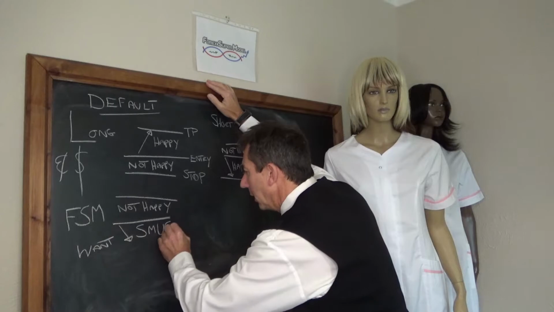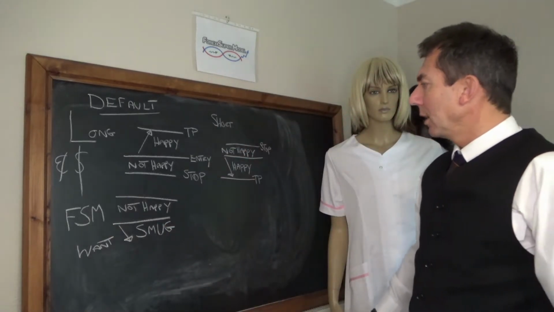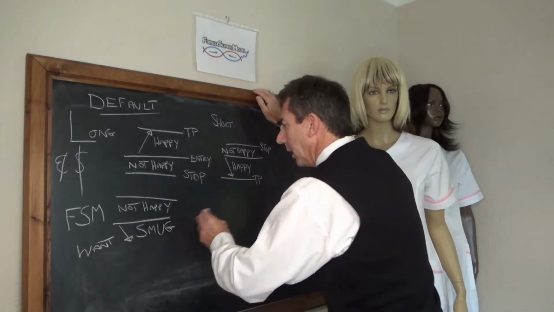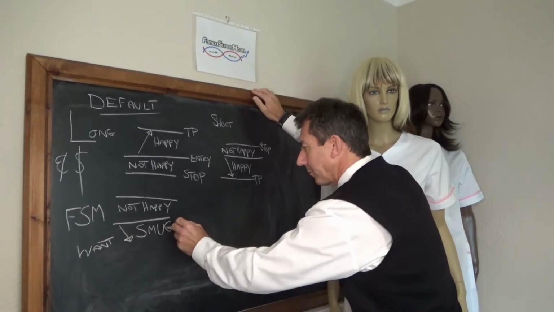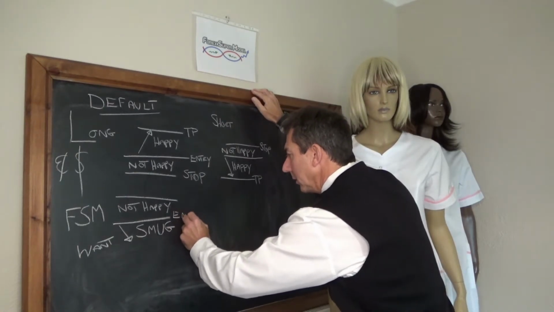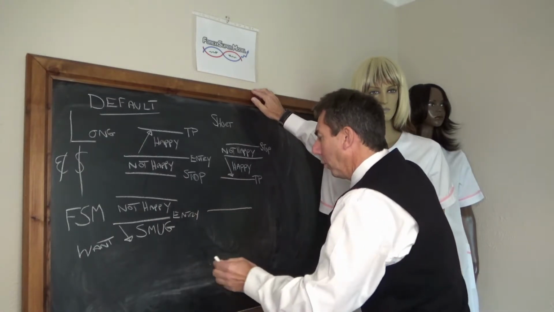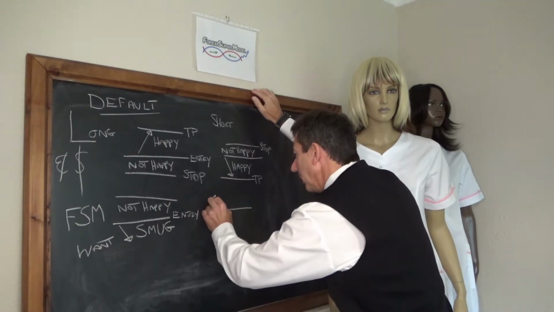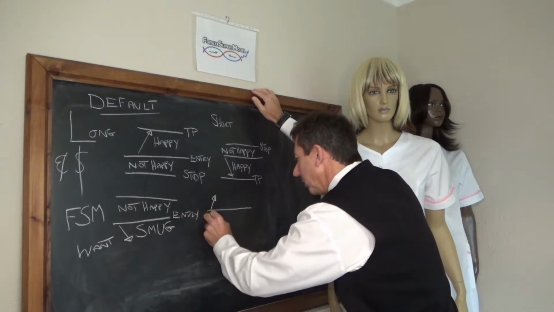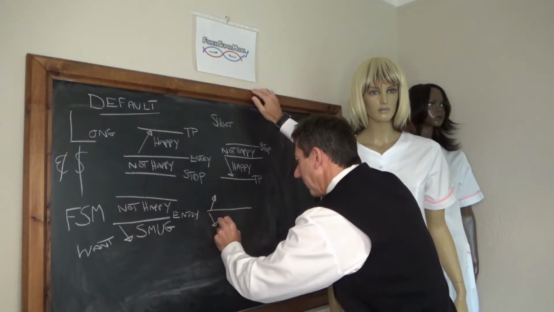We're smug. So likewise, if we're short and we've made an entry, so that's our entry, we want the market to go up, and if it goes down, we're not happy.